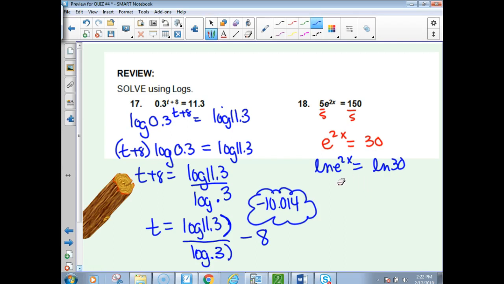All right, put 2x in the front. What's the natural log of e? 1. Then you can just do x equals the natural log of 30 divided by 2.